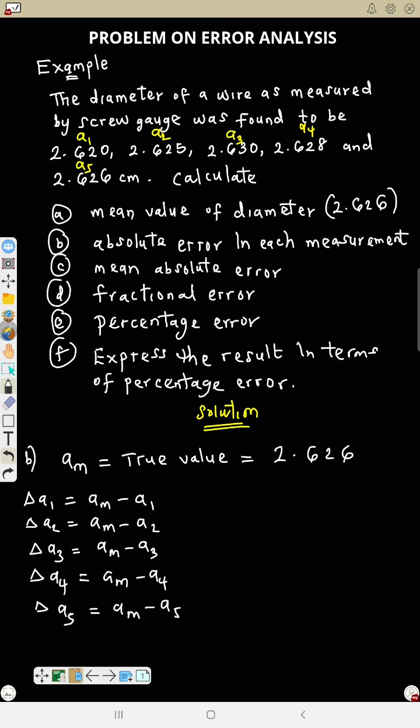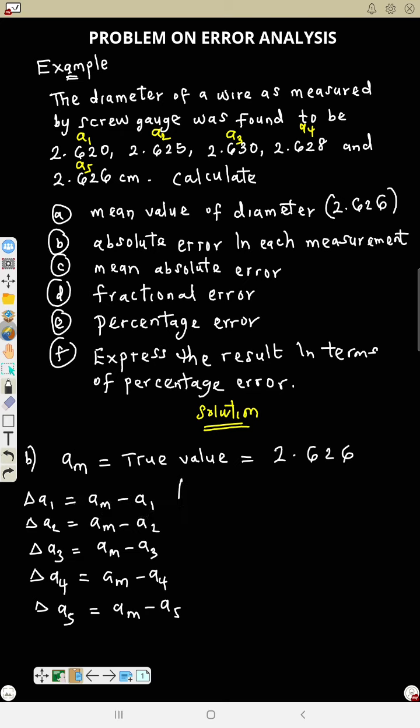We have already said that the absolute error is the difference between the true value and the measured value. Now we take AM, the mean value, as our true value. For the first measured value, the absolute error is the true value minus the measured value, A1. For the second measured value, it's still the mean minus the second measured value. That's what we'll do for all.